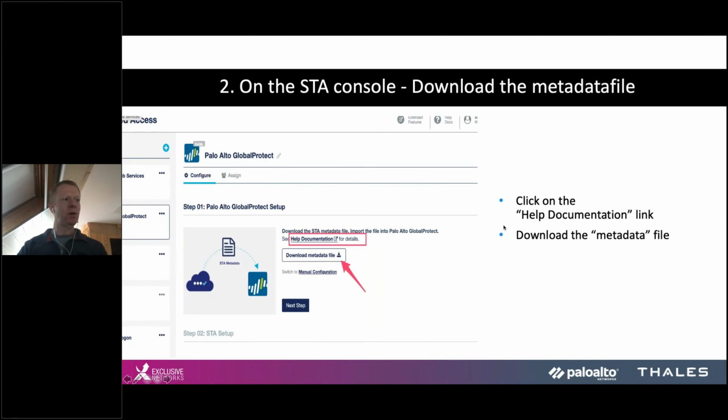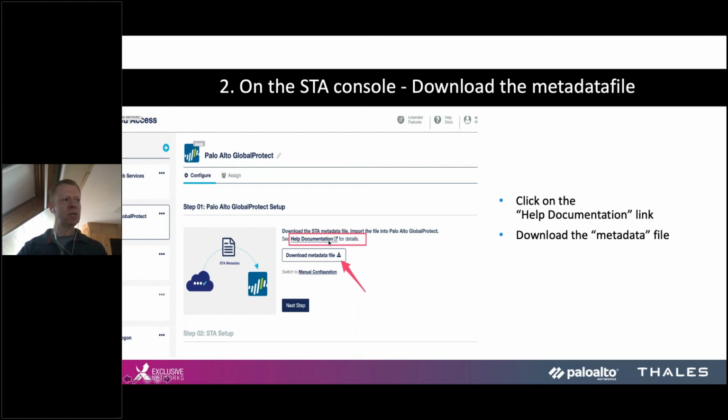Then you arrive at this screen. Important here is that you need to download the metadata file, because this file needs to be imported at Palo Alto on the firewall later on. That's the first thing you need to do.